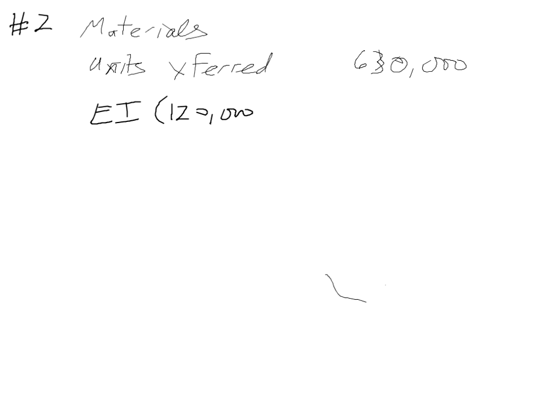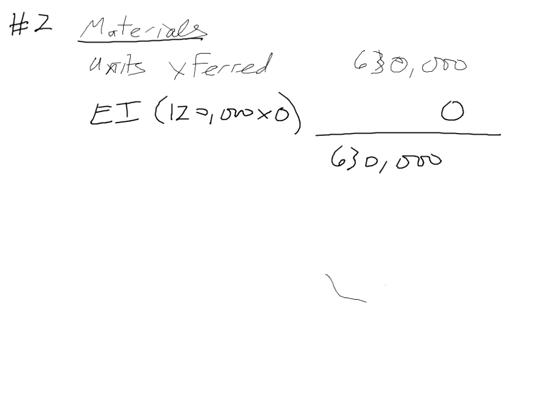And remember, we don't add any materials until we get to 50%. So actually, we have 0 materials, so ending inventory as of materials is 0. So when you do 630 plus 0, you get 630,000 equivalent units. So that's your answer to 2A for materials, 630,000.